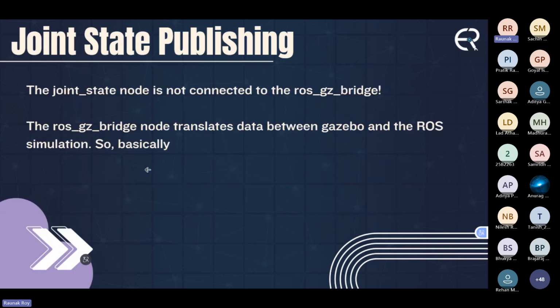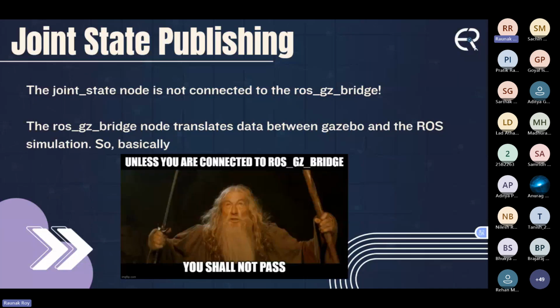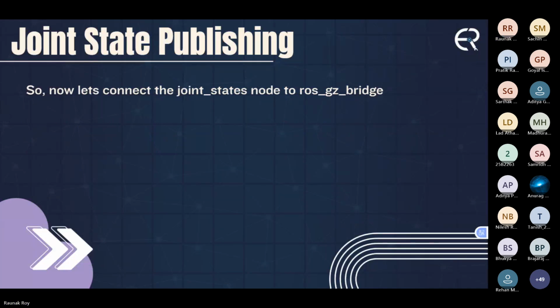Why is that important? The ROS Gazebo bridge node translates the data between Gazebo and ROS. ROS cannot directly send data to Gazebo. It requires a bridge, which this node does. So without this node, nothing will pass through to Gazebo.